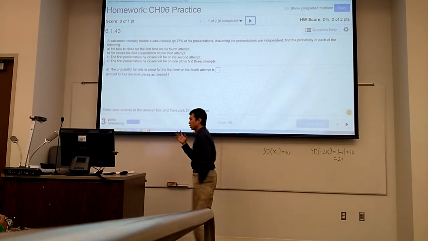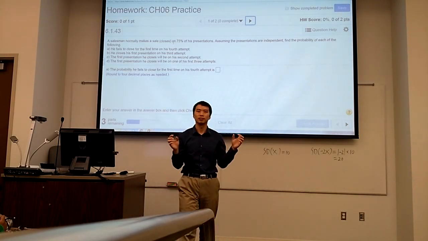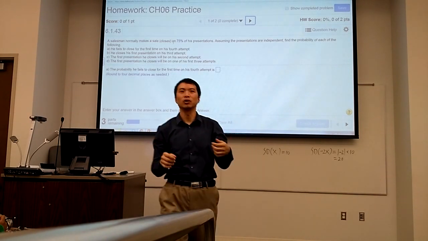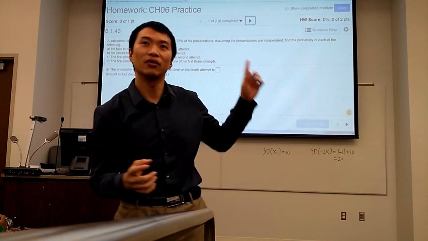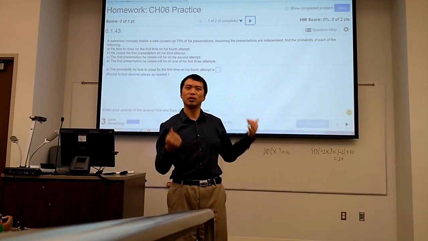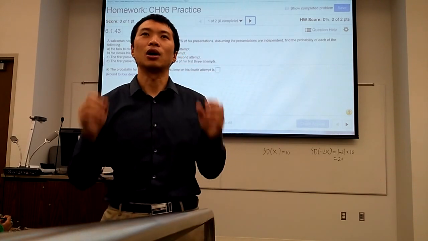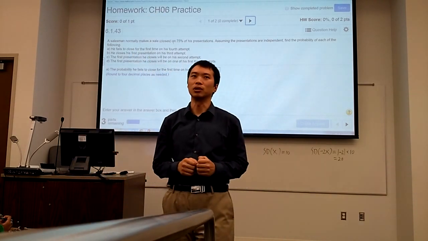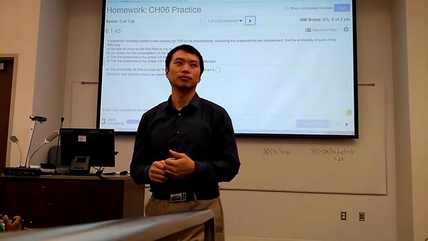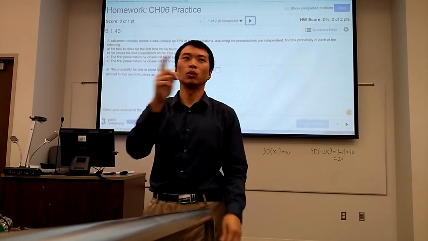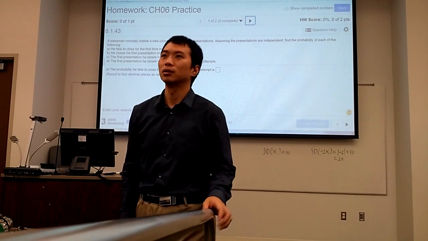You need to be careful when we have a problem description and the question doesn't tell you whether to use the geometric model or binomial model. Then you have to identify which one to use. Last week we said, when we talk about the geometric model, what is the keyword we need to catch in order to use it?